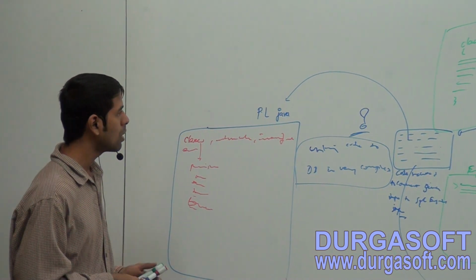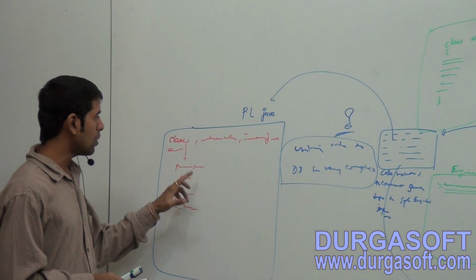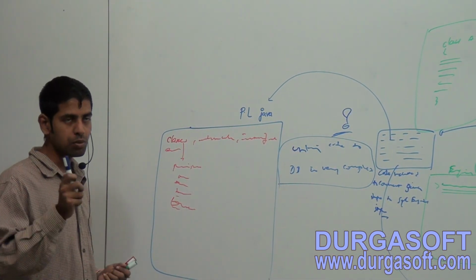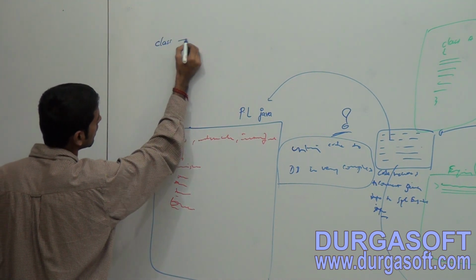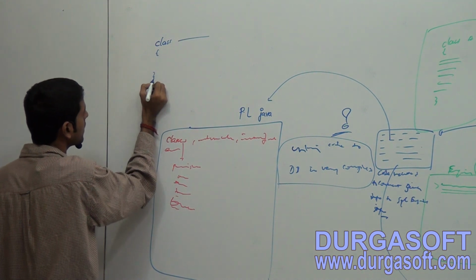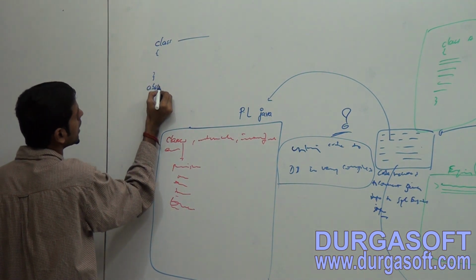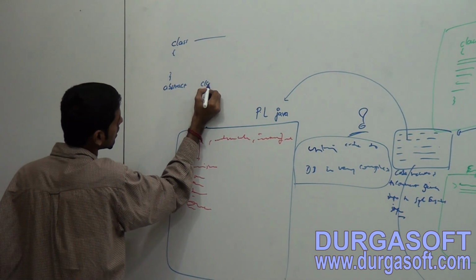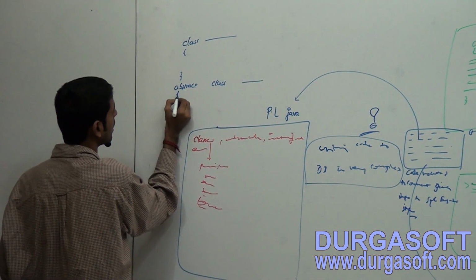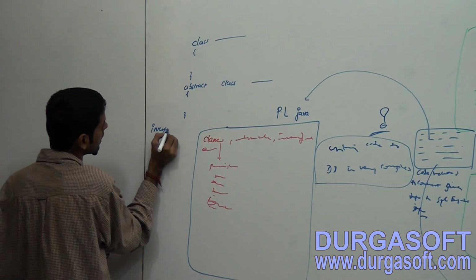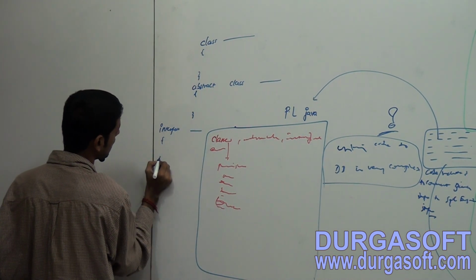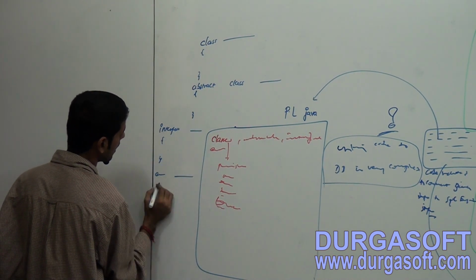Observe here. Classes means you must write a class with one name. And if it is an abstract class, one name. Observe here, friends. And if it is an interface, interface with one name. Getting? If it is an enum, one name.